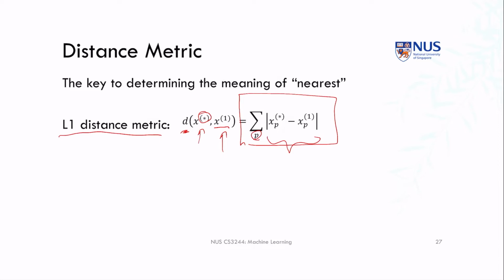We assemble all of the pixel differences between the pixel at a particular point in the test image and the same pixel in the training image, and then take the absolute value of those differences.